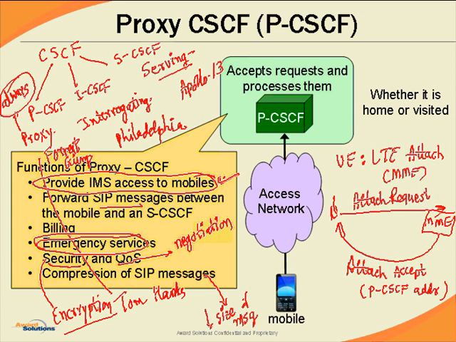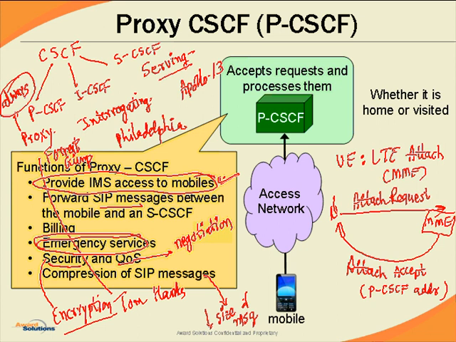So between the UE and the proxy, we can do SIP compression. So over the air, we are using few bits rather than hundreds and thousands of bits. We have now reduced the size of SIP signaling messages. So SIP compression is also possible, and the proxy will do that. That is just making the air interface use more efficient. So those are examples of functions performed by proxy.